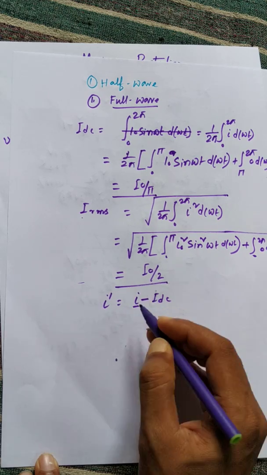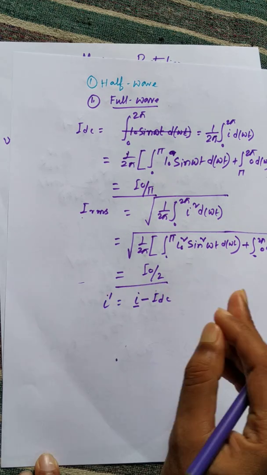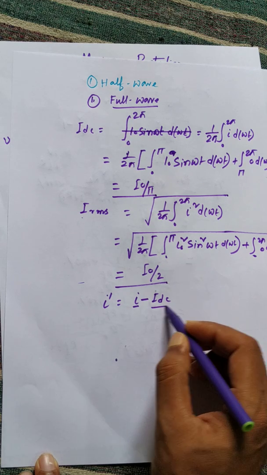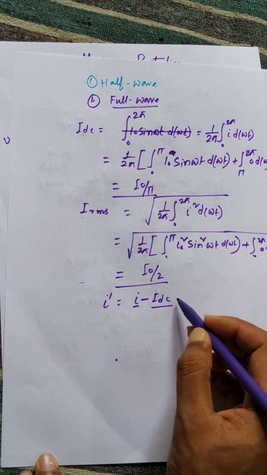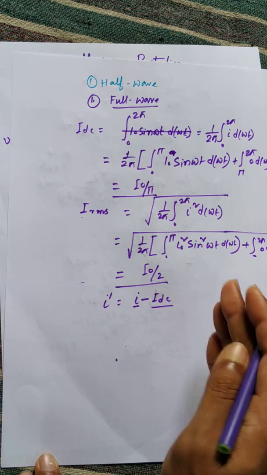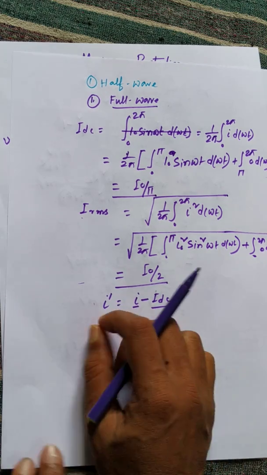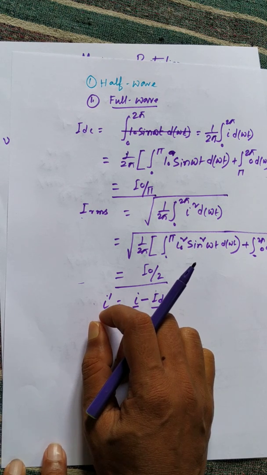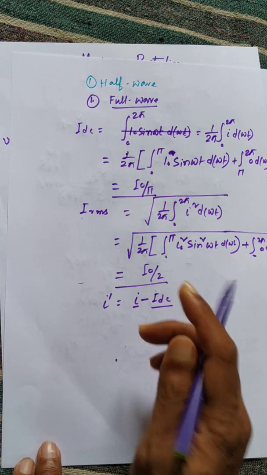This current also flows through the load resistance, and we already calculated the DC value. So obviously this will be the AC value flowing through the load resistance. So what will be the RMS value of the AC component of the load current?